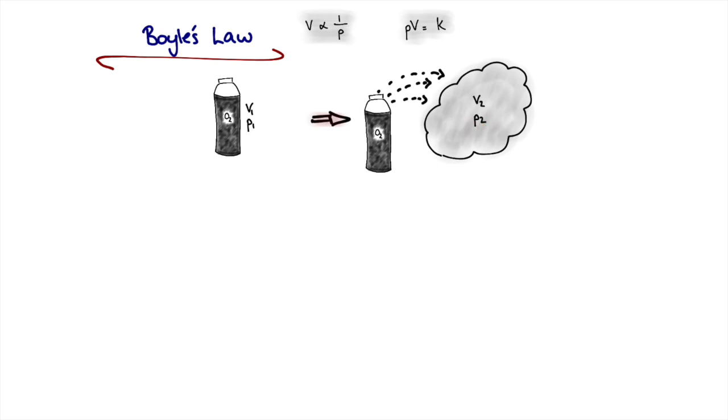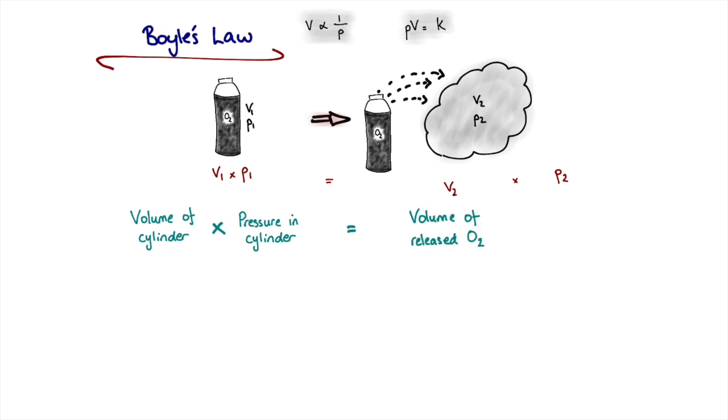Boyle's law tells us that pressure times volume is a constant, and so it follows that the starting volume multiplied by the starting pressure is equal to the finishing volume multiplied by the finishing pressure. The starting volume will be the volume of the cylinder, and the starting pressure will be the pressure within the cylinder. The finishing volume will be the volume of oxygen gas, which is released from the cylinder, and the finishing pressure will be atmospheric pressure.